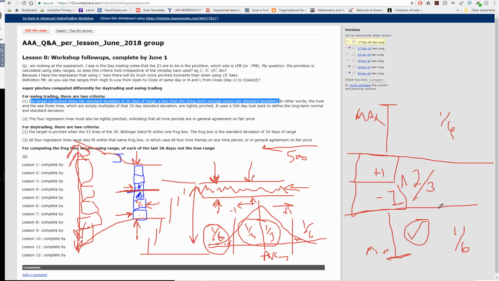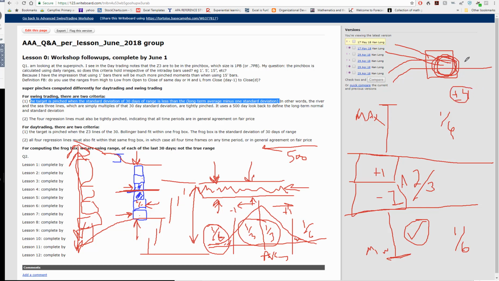Now the other thing that we're going to say is that the four regression lines, once we have this tightly compressed box for the width of the river, I use a measure to see are all four regression lines also tightly compressed. It works out to be about within plus or minus 4 standard deviations of this river.